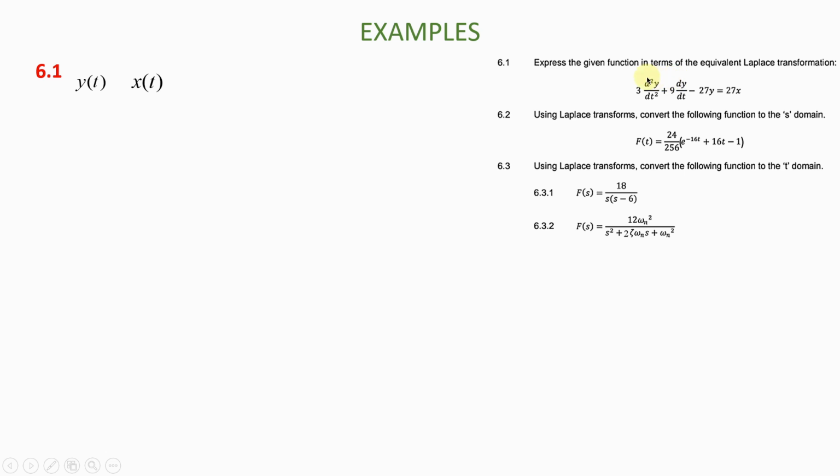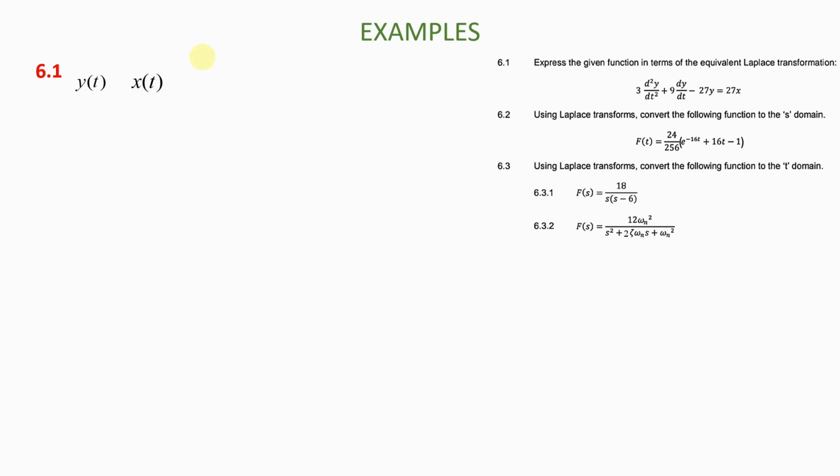And also to be able to take the Laplace transform of something like that, they need to tell you what the initial conditions are. Okay, they need to tell you what is y of 0, what is y prime of 0, what is y double prime of 0, and also what is x of 0, x prime of 0.